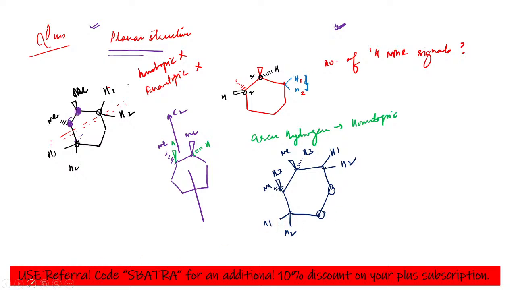So how many different hydrogens, how many different peaks? This will give you H4 and H5. Is this point clear to all of you? Any doubts?